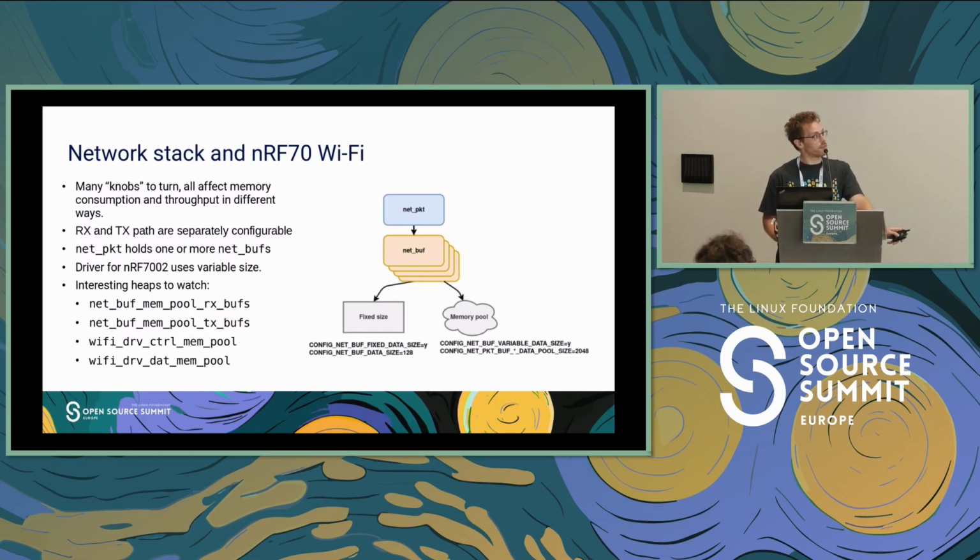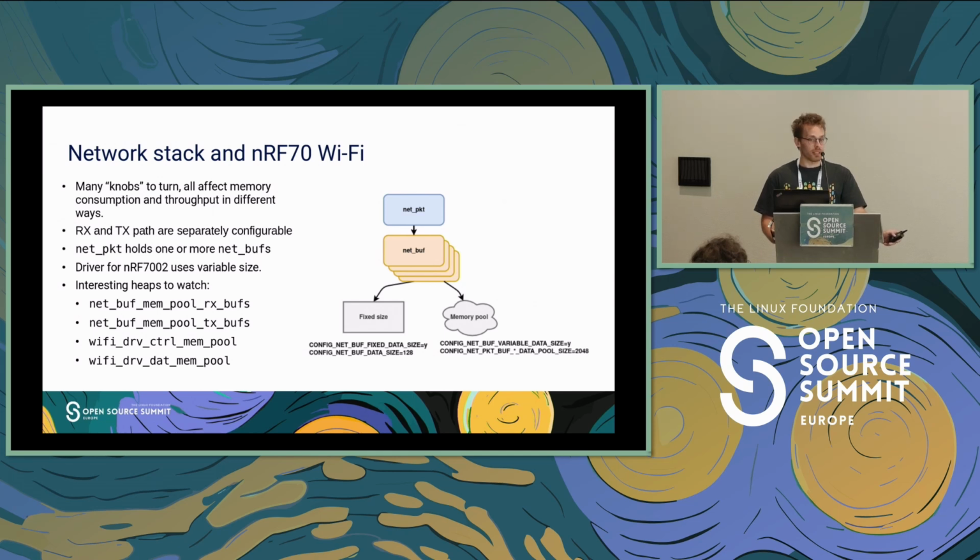But roughly speaking, the net packets and the net buffs are limited resources that you have available. So if you have network packets and you're only using two, you can remove the other two. The question is then of course to figure out how many your application needs for your specific use case, and the same goes for the net buffs.